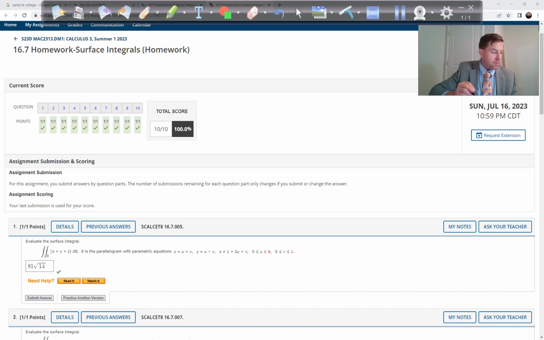To do this problem, we're going to use this general equation.